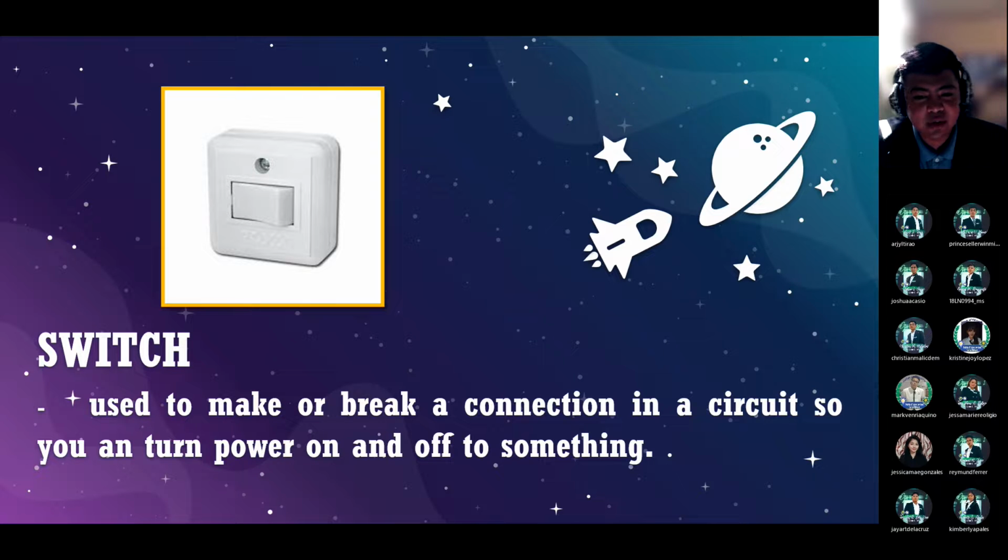From a fan to a bulb, every electrical equipment we use in our day-to-day life is useless without a switch. It is simply designed to break or make the flow of connectivity in the electronic circuit automatically or manually. Do you understand, class? Yes, sir. Let's proceed.